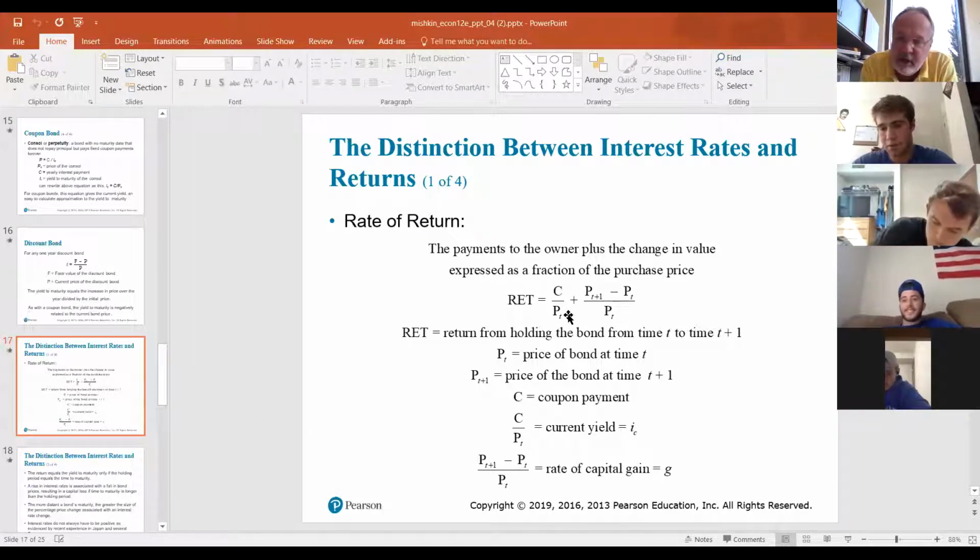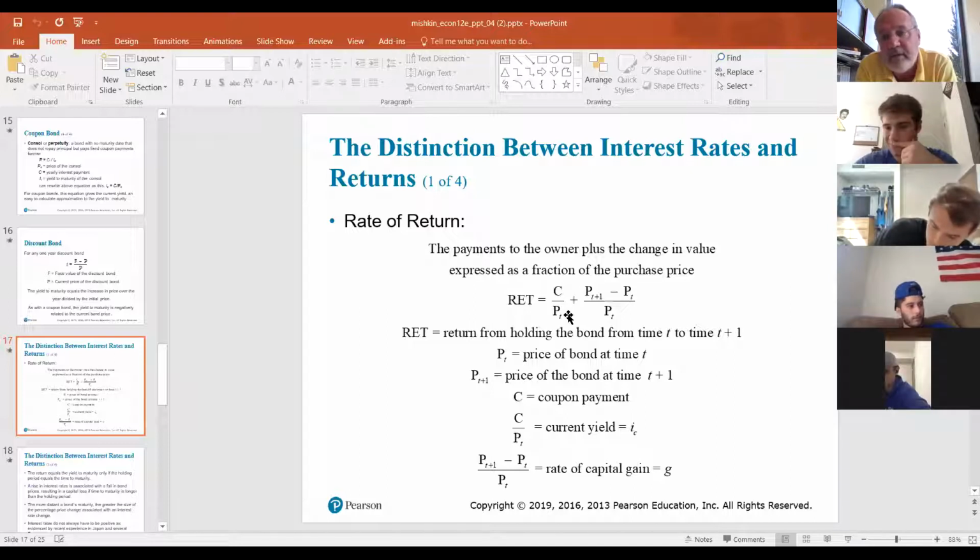The payments to the owner are, as Cole told us, $100 coupon payment plus the capital gains. The capital gains is P(t+1), which is 1,200, minus P(t), which is 1,000.